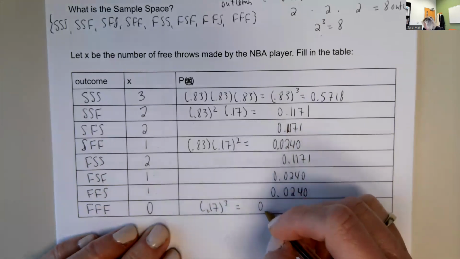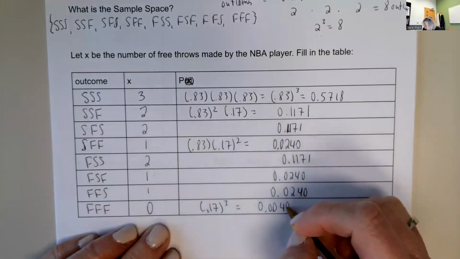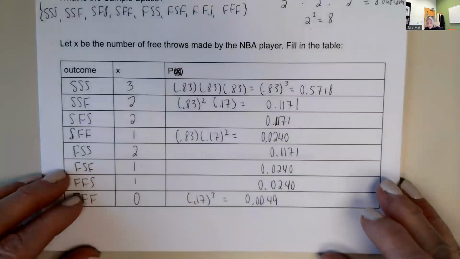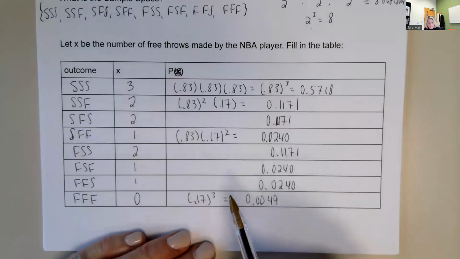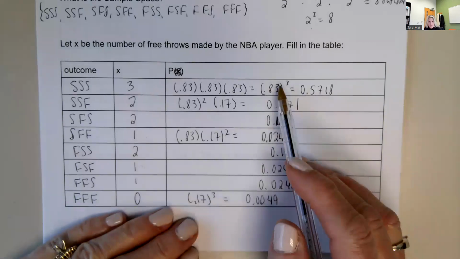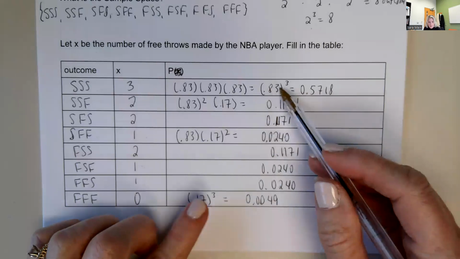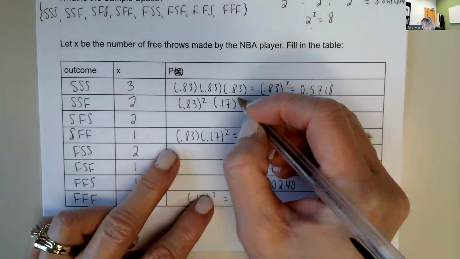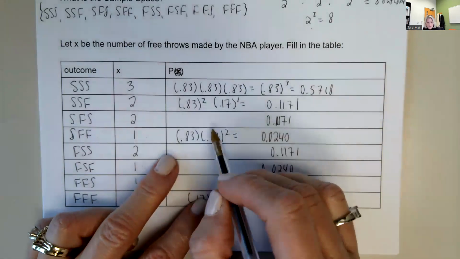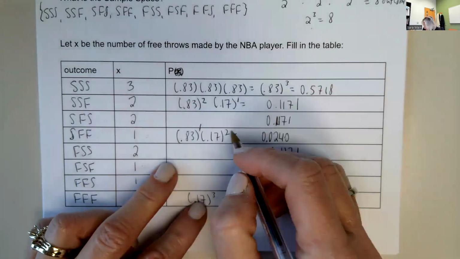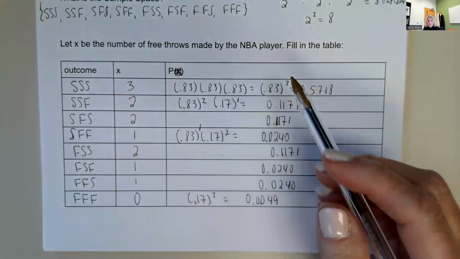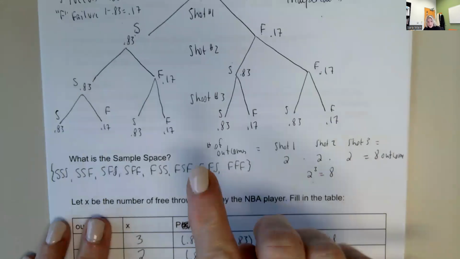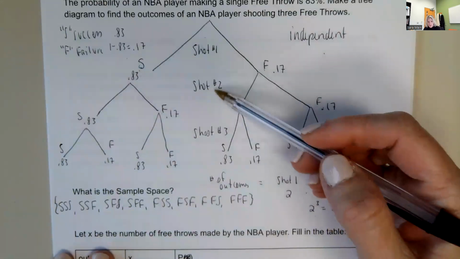And that is... okay. And let's also note that the exponent on all of these adds up to 3. So the first one and the last one are already 3, but the ones in the middle, we have 2 and 1. Exponent is 3. 1 and 2 exponent is 3. So the 3, remember, signifies that there are 3 trials of shooting the free throw, 1, 2, and 3.